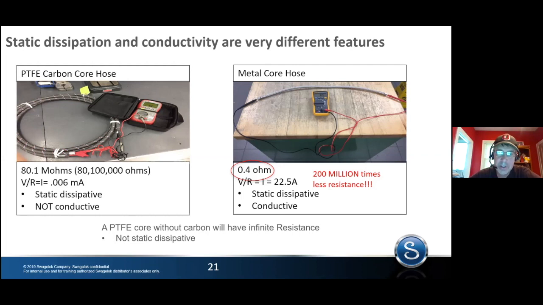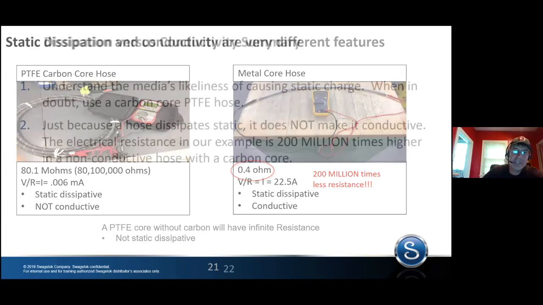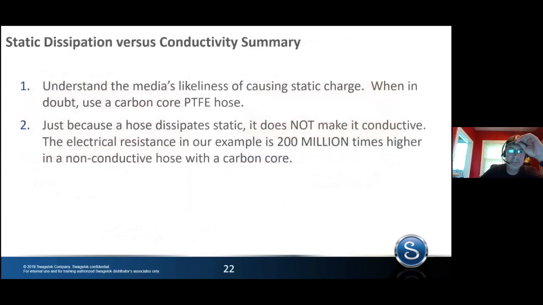So the key here is, if you have a media that is going to build up static charge, like different hydrocarbons, make sure that your hose is a carbon core, a carbon-filled core, or it's a metal hose for that matter. Otherwise, it's going to create a static charge and have a leak very, very quickly. This is a very common issue we see, and it's very easy to fix.